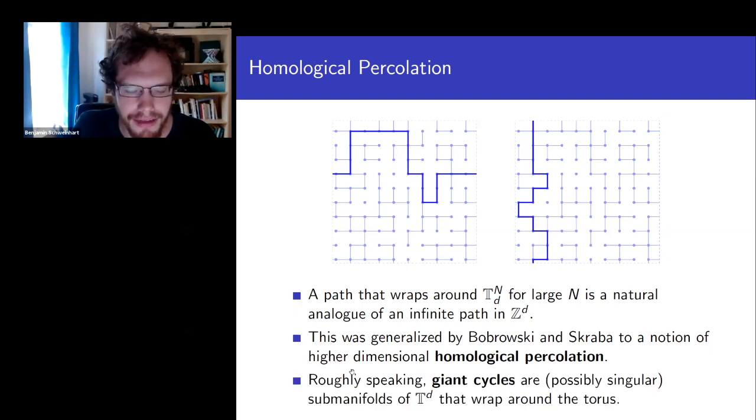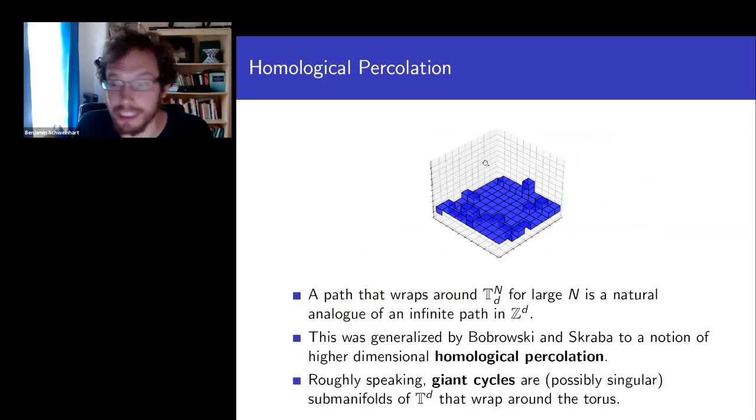So the objects of interest in homological percolation are so-called giant cycles. Roughly speaking, if you haven't seen algebraic topology, these are going to be possibly singular submanifolds of the d-dimensional torus that wrap all the way around the torus. Here is an example of a one-dimensional giant cycle. These two are one-dimensional giant cycles, so one-manifolds, loops, which wrap all the way around the torus from one side to the other.